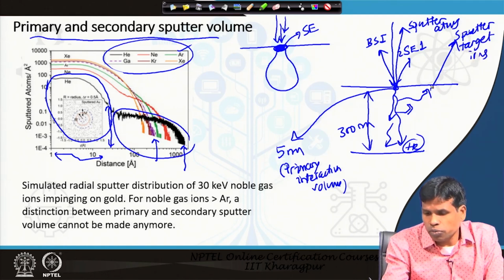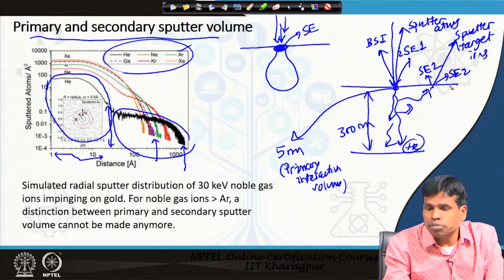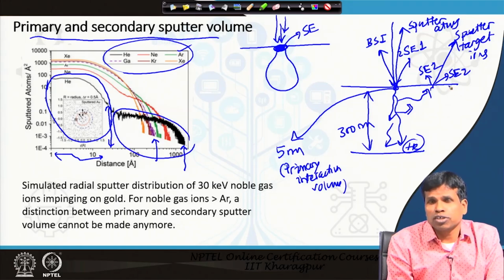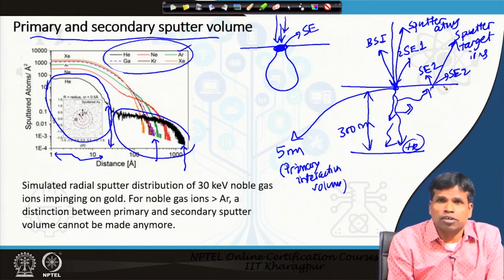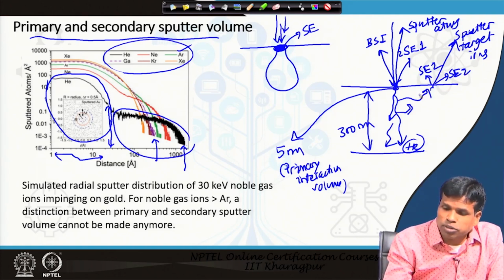When it comes out from this region, our secondary electron 2 comes out, and the yield of secondary electron 2 with a helium ion microscope is, as we know, very low compared to scanning electron microscopy. In scanning electron microscopy, we have backscattered electrons.